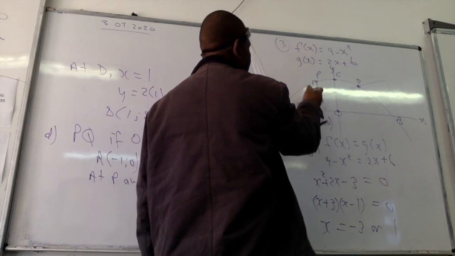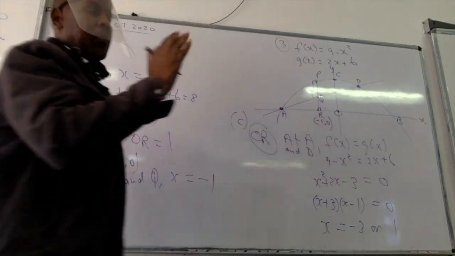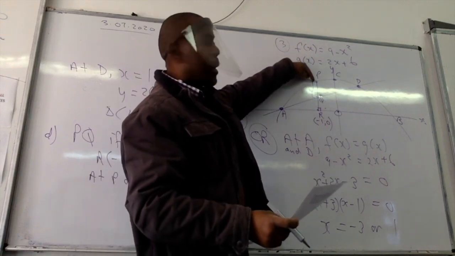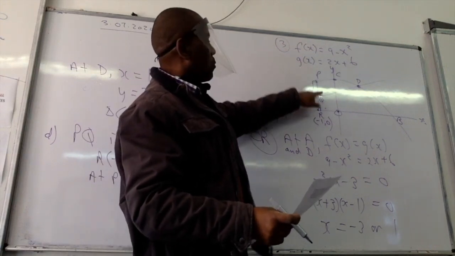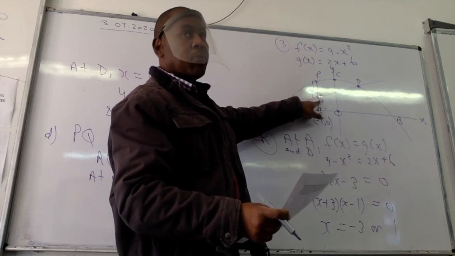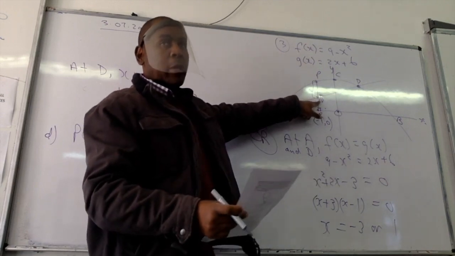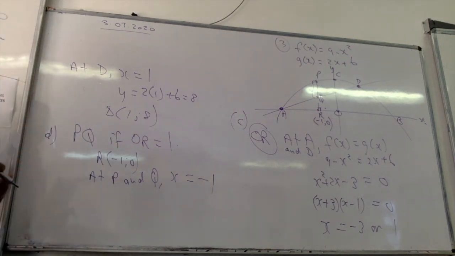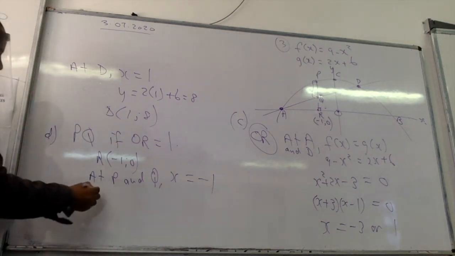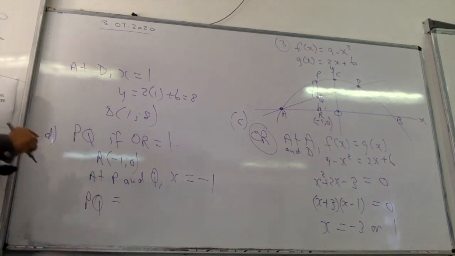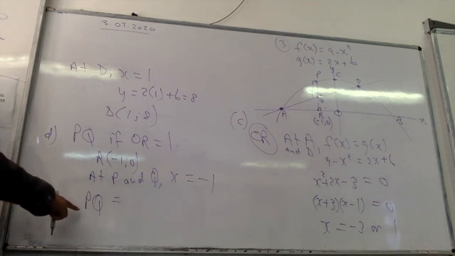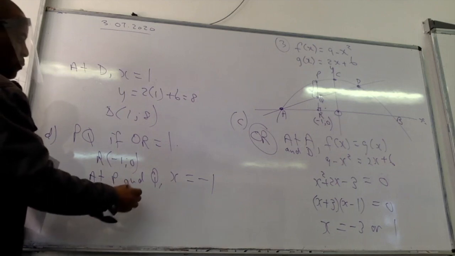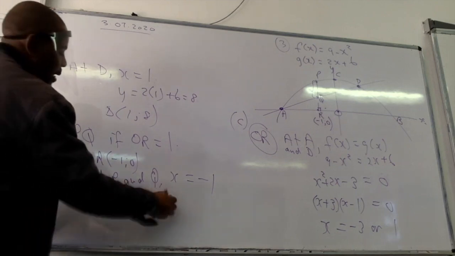Do you see that that distance is a vertical distance? For us to get this vertical distance, we need to know what y is at P and what y is at Q, correct? Do you understand if I say the length of PQ will be equal to f of x minus g of x?